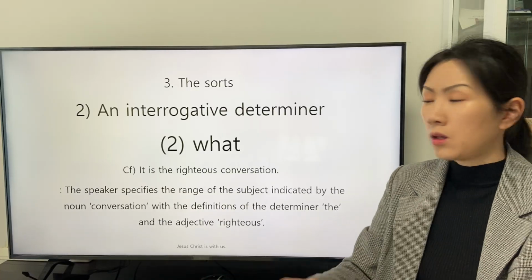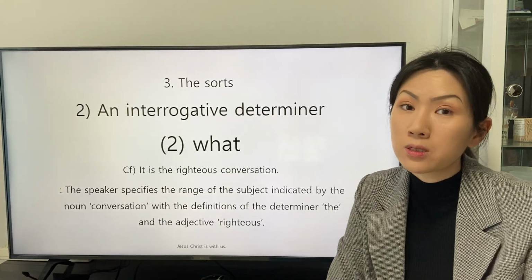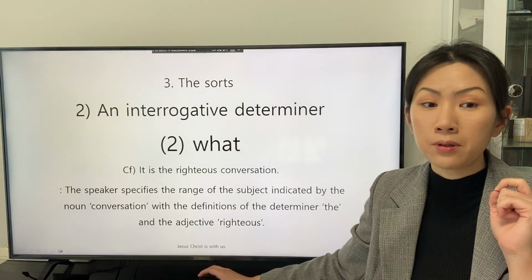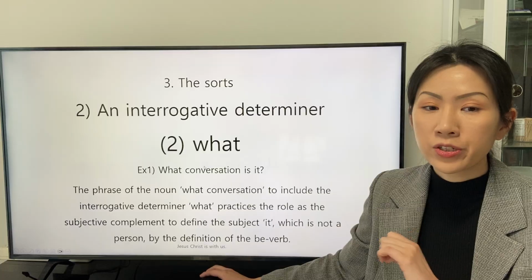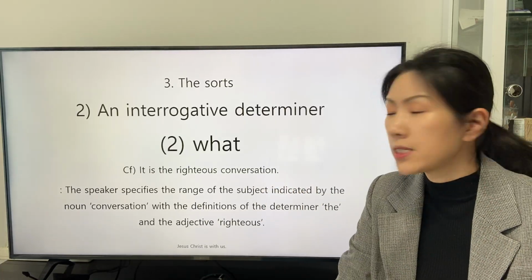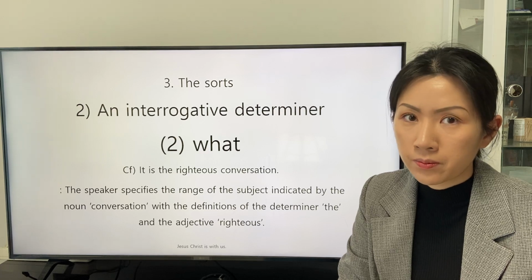There is one of the possible responses from the first example. What conversation is it? The conversation is this. It is the righteous conversation.